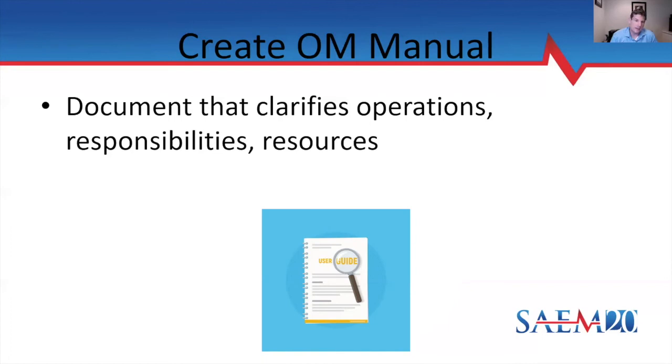It may explicitly detail the types of exclusions, the types of patients or scenarios that will not be cared for in the observation unit. This is a resource that would be very helpful to faculty to help them understand the rules of engagement of the observation unit. It also could be very helpful in onboarding or orienting new faculty members joining the group, especially those who do not have experience with observation medicine, which is still a pretty common occurrence.